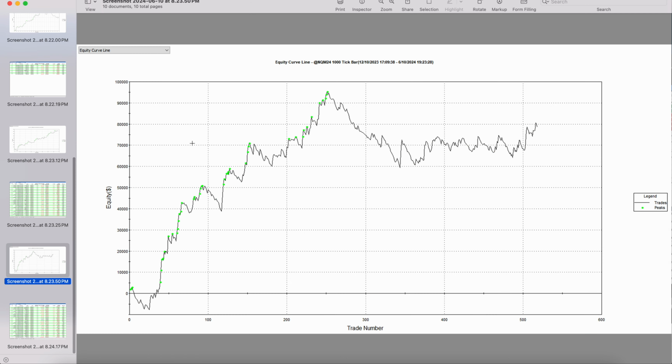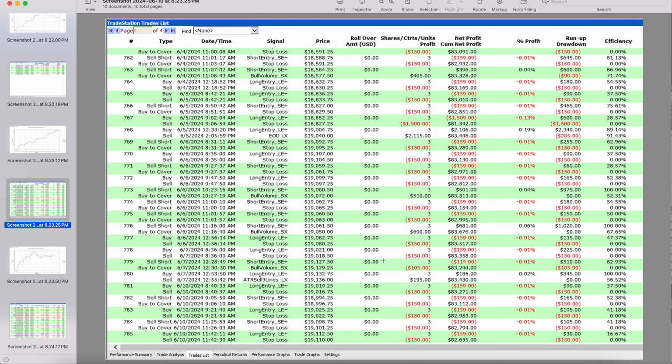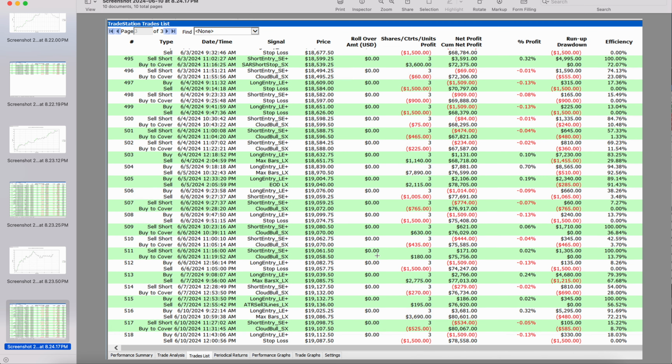Now you can compare that to this system, which had this giant drawdown, which is totally still a viable system. And yeah, this system today actually had some pretty nice gains in it compared to 5 stop outs. But if we look here, this is today's trades.